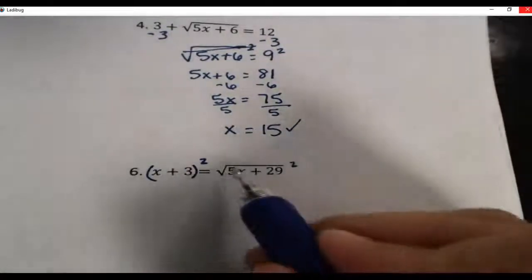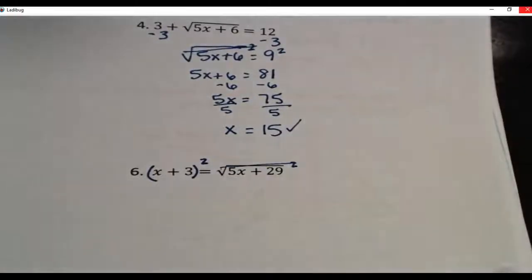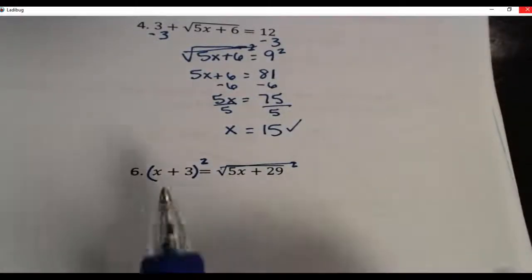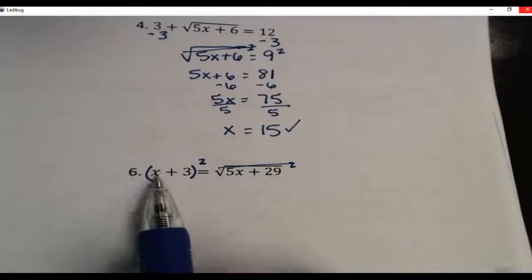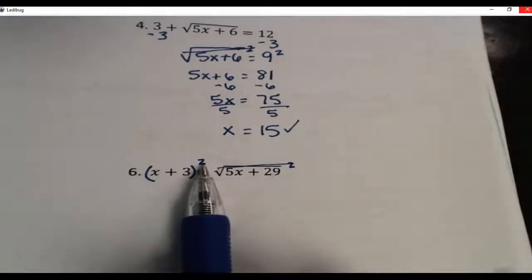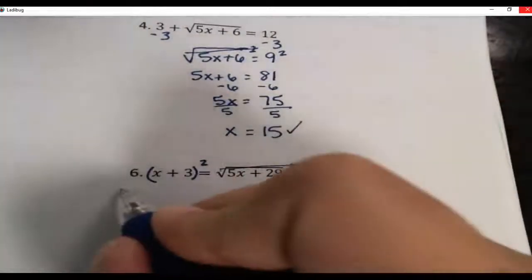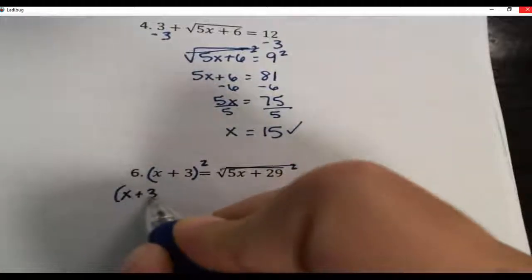Okay. So what happens now is we have x plus 3 squared. So I know it's been a couple weeks since we did this, but remember, that means we have to write this twice.